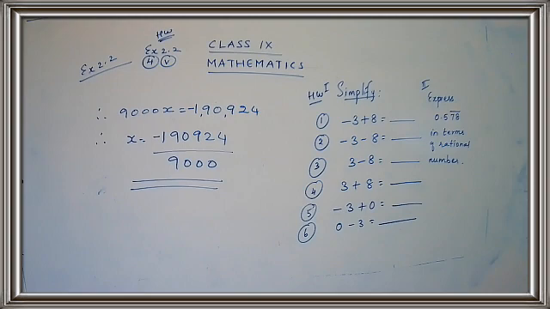Simplify. Minus 3 plus 8. Minus 3 minus 8. 3 minus 8. 3 plus 8. Minus 3 plus 0. 0 minus 3. Then the second question is you are going to express 0.578 bar in terms of a rational number.